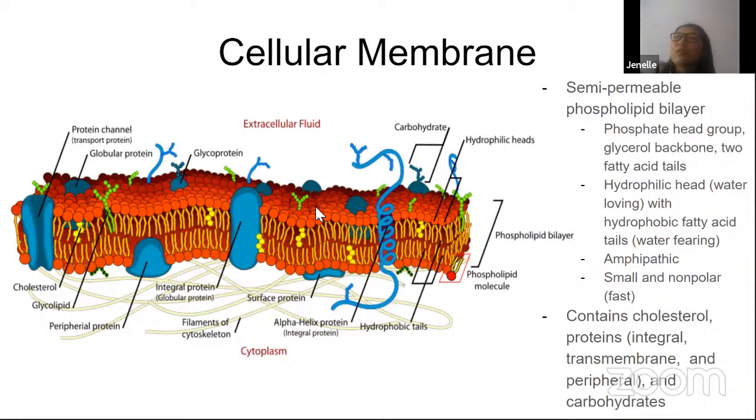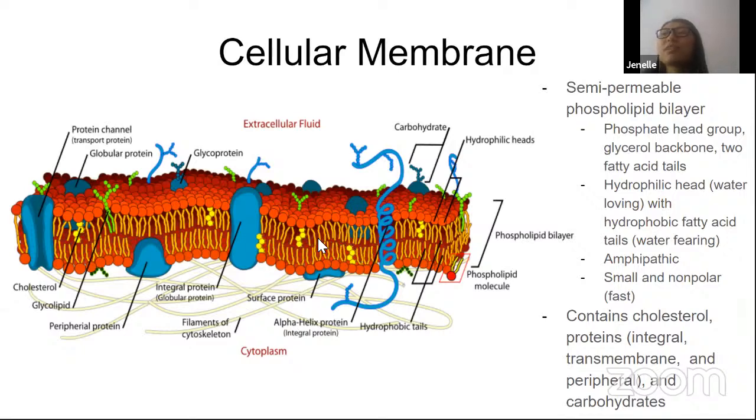Another point I wanted to mention, as I said earlier, is why certain molecules have an easier time going through the lipid bilayer than others. Usually if a compound is small and nonpolar, that would be the fastest thing to go in and out, because the center of the phospholipid bilayer is filled with hydrophobic tails.